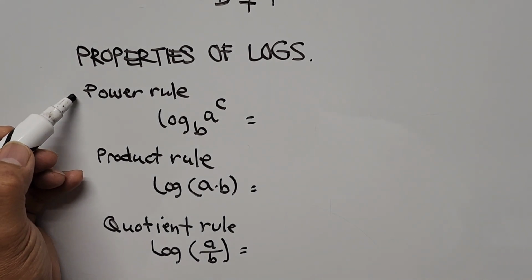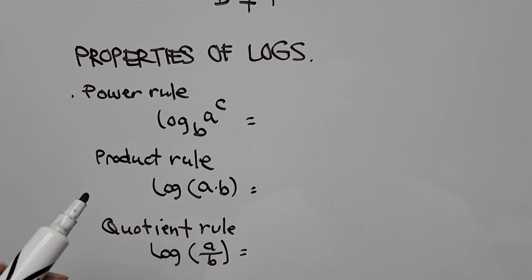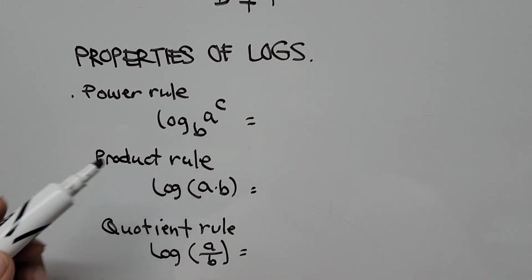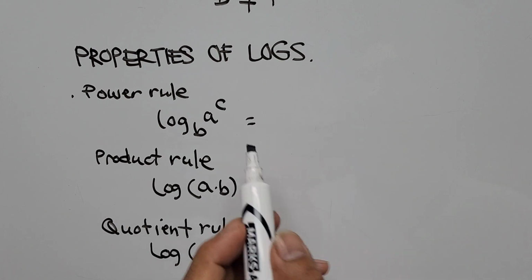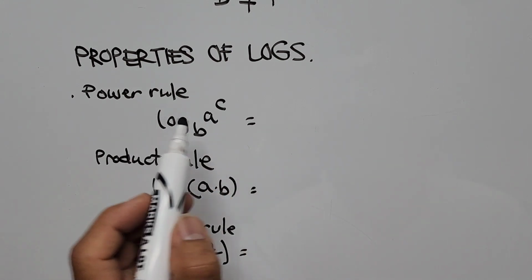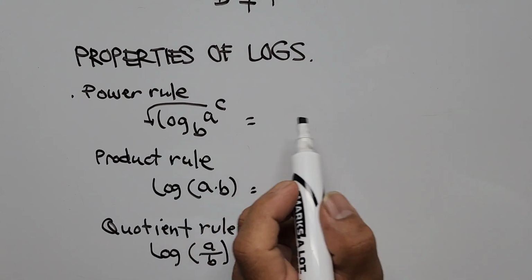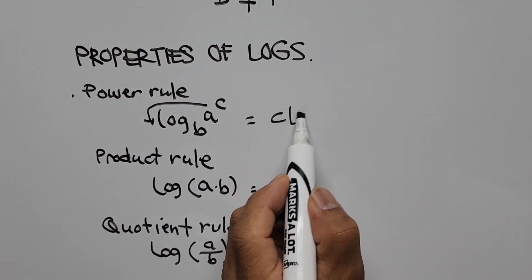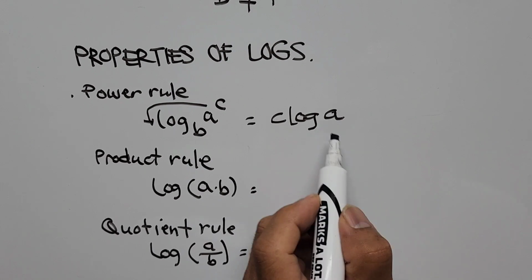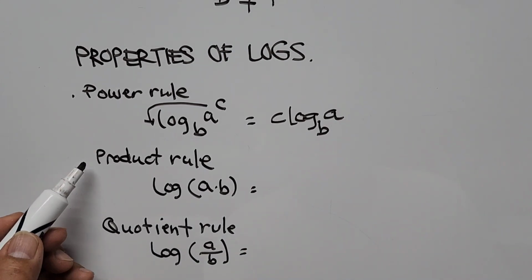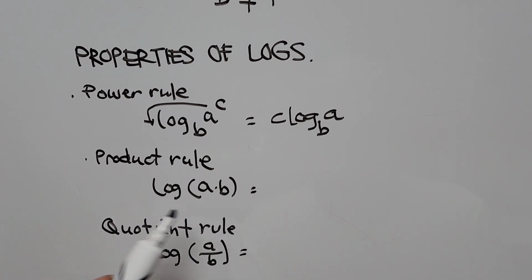Now let's go to the properties of logarithms. So we have here number 1, the power rule. This is log of a to the power of c, base b. If you notice the exponent, we can move the exponent to the front and it becomes a coefficient. So this is now c times log of a base b. That's the power rule of logarithm. Next is the product rule. That means we have here a and b multiplying together.